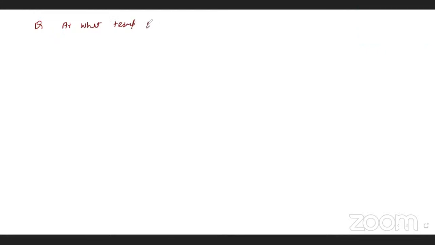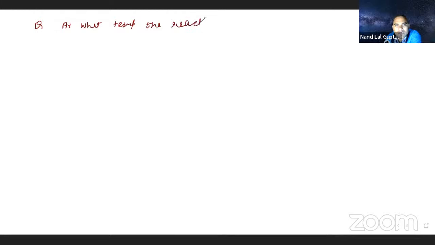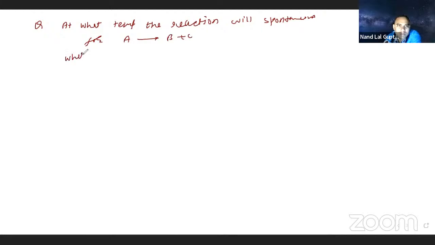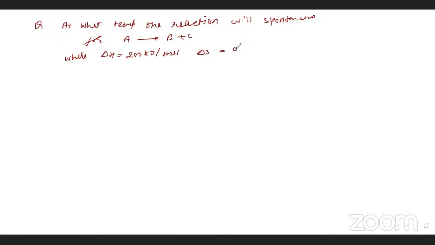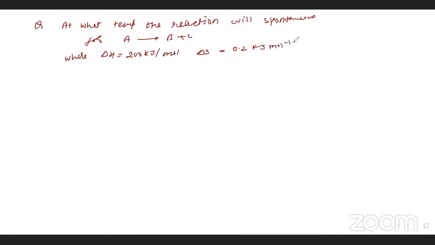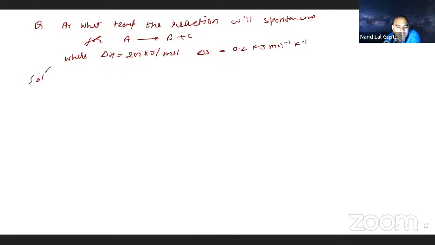At what temperature will the reaction be spontaneous for A giving B plus C, where del H is equal to 200 kilojoule per mole, and del S is equal to 0.2 kilojoule per mole per Kelvin? Solve this one. Can you do this one?